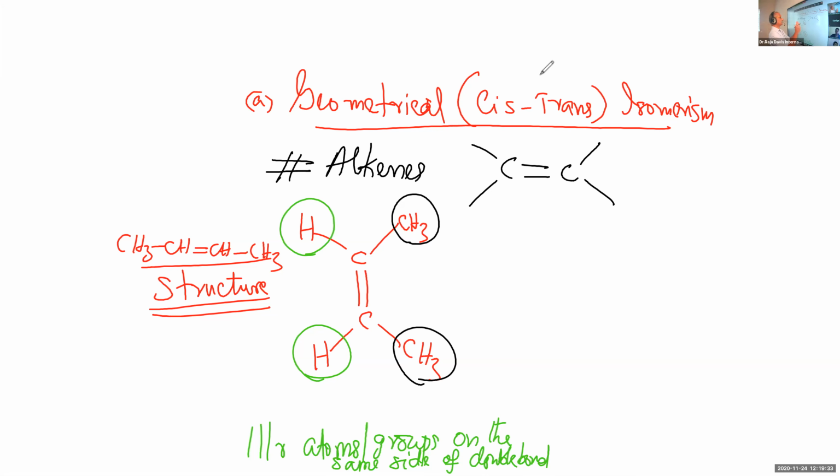Similar atoms, hydrogen, are on the same side, the left-hand side of the double bond. Similarly, similar groups, CH3, are on the right-hand side of the double bond. So similar atoms or groups are on the same side of the double bond.